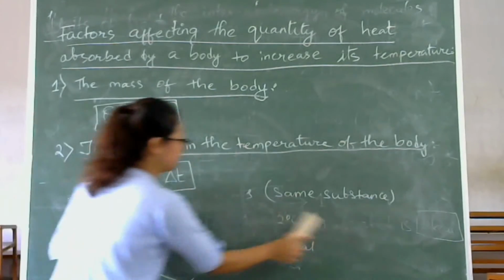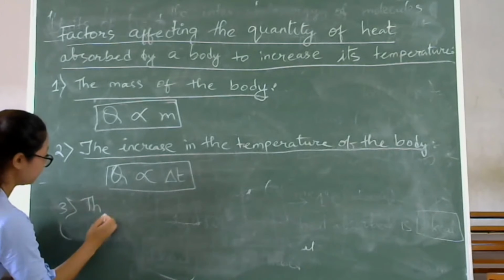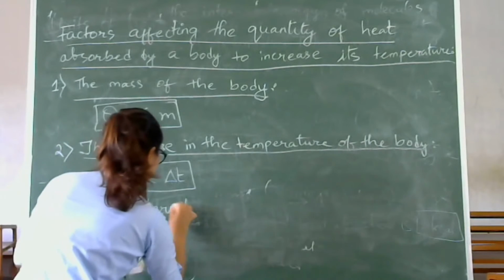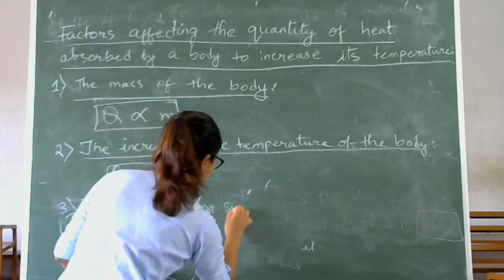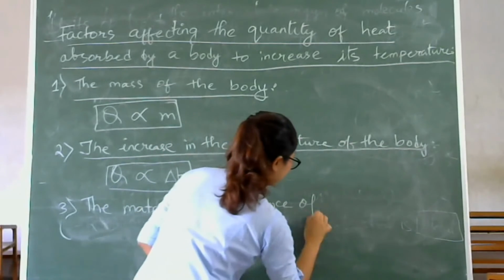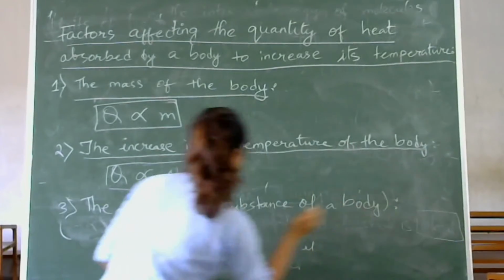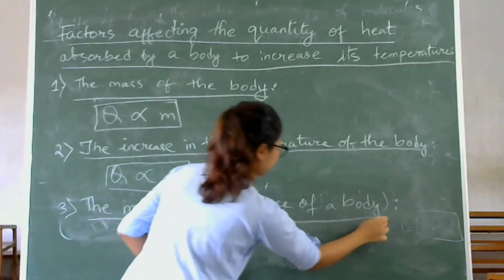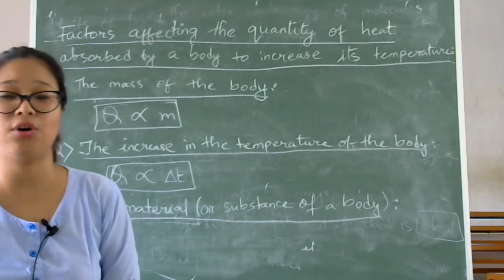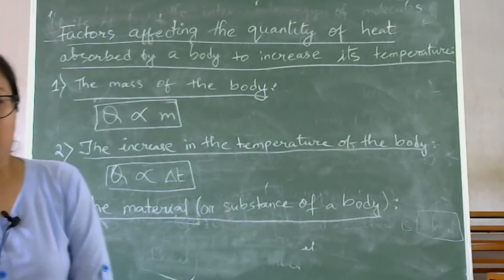Now the last and third factor is the material or substance of a body. The heat absorbed by a body to increase its temperature also depends on the material or substance of the body.